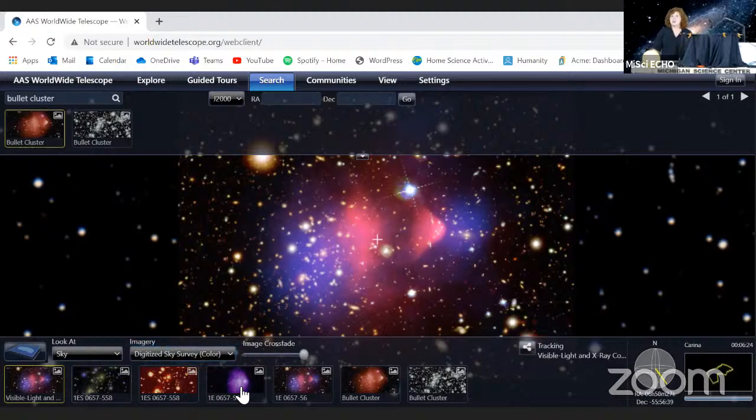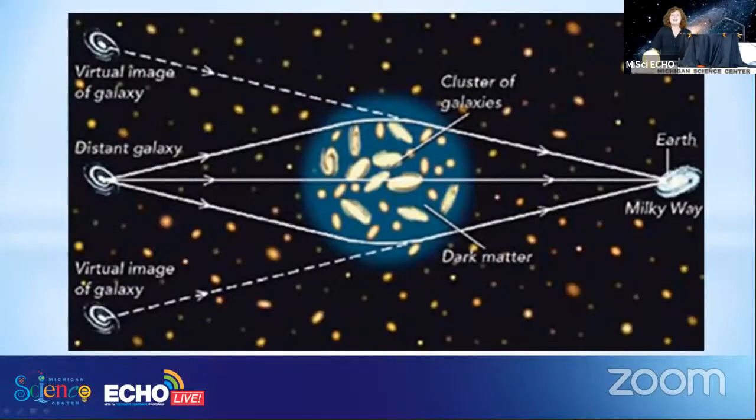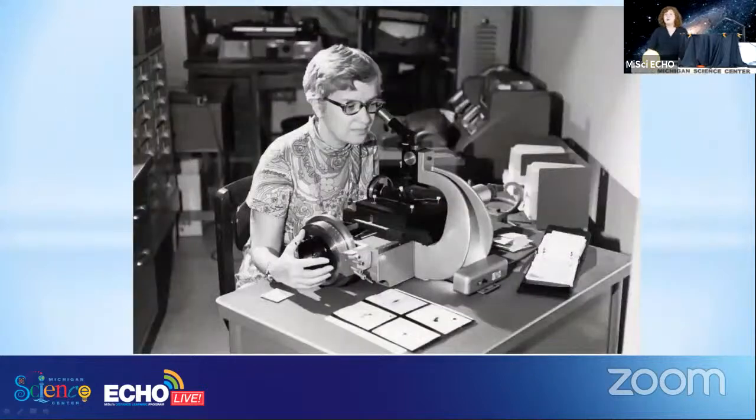The other way that we observed dark matter was actually by looking at galaxies. So we took a look at some galaxies, and actually this was one of my favorite female scientists, Vera Rubin. Vera Rubin was a Jewish scientist from here in the US, and she was taking a look at galaxies. And what she expected of those galaxies was that the velocity of the stars or the stuff that we see in the outer part of the galaxy would drop off.